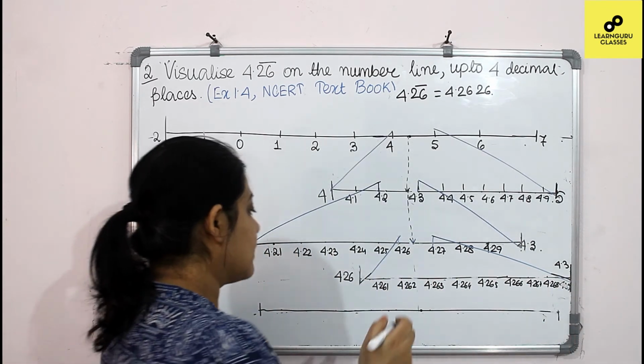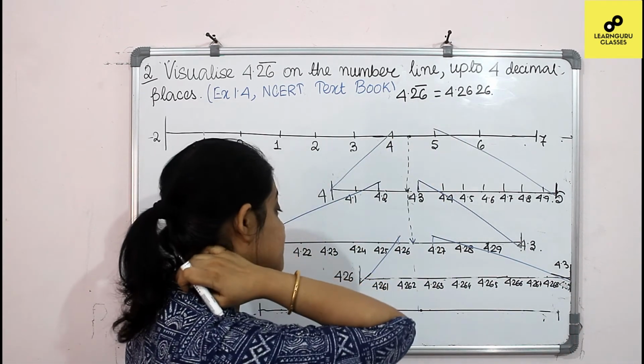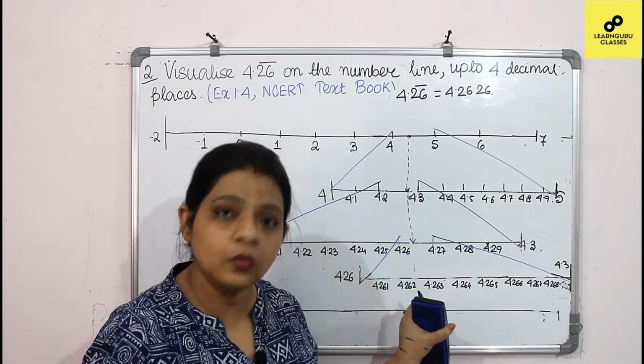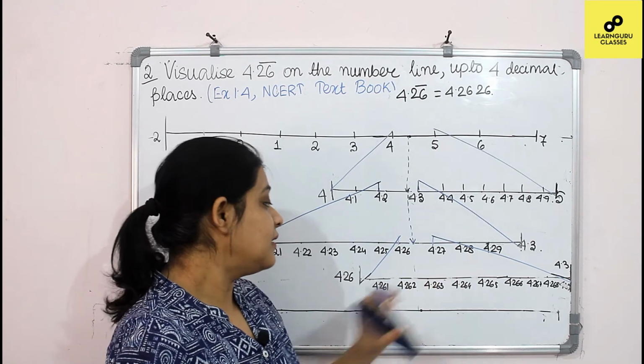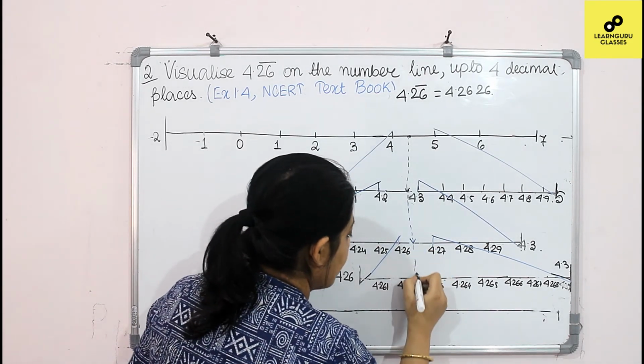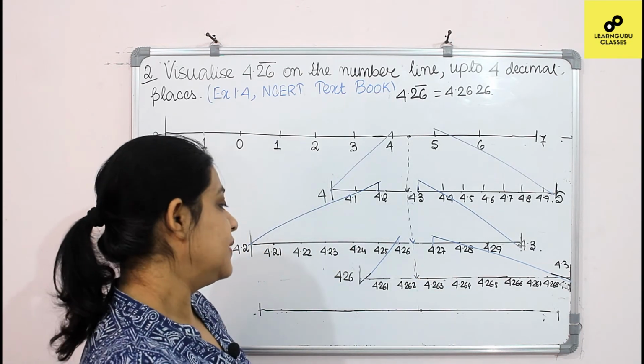So the number 4.2626 is greater than 4.262 available over here and lesser than 4.263. So it will lie somewhere here in the middle.